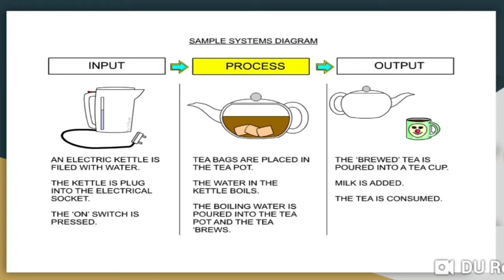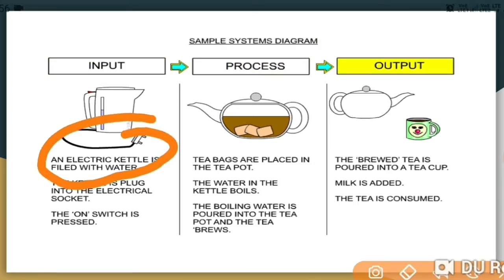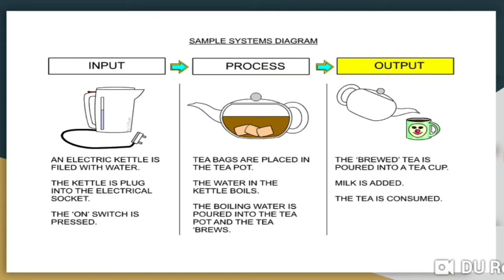Here is an example: an electric kettle is filled with water, and the kettle is plugged into the electrical socket. The on switch is pressed. Now what will happen? The tea bags are placed in the teapot and the water in the kettle boils.